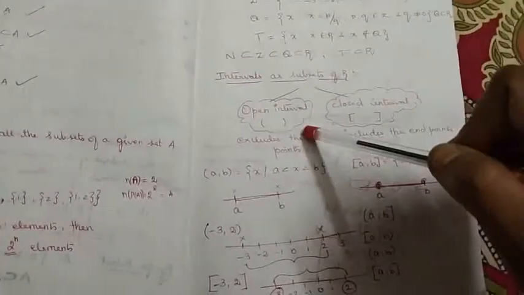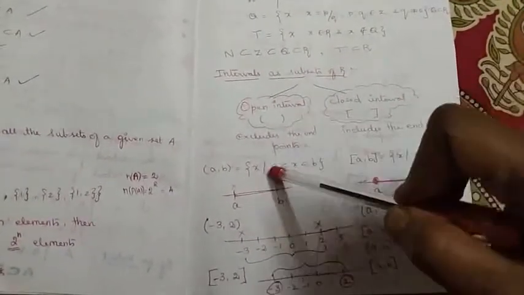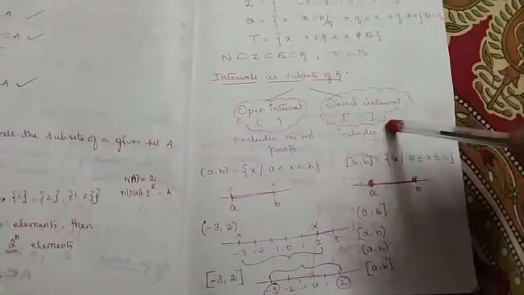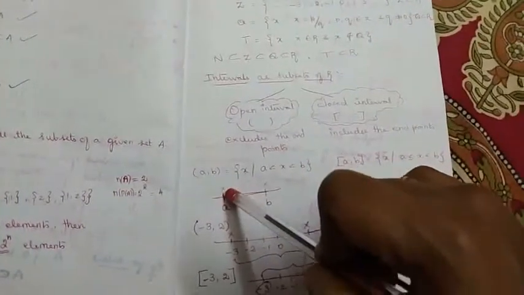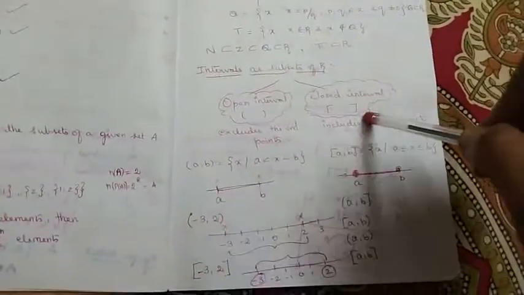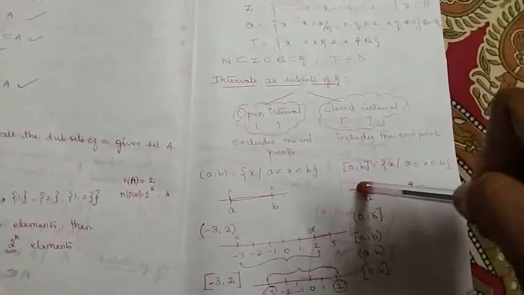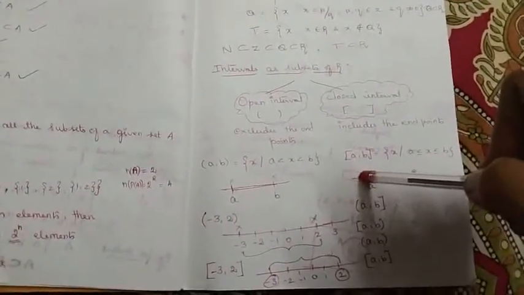Irrational numbers are denoted by T. Yes, then we have seen intervals as subsets of R. We have seen 2 intervals. One is the open interval, another one is the closed interval. Open interval means we won't include the endpoints, whereas closed interval means we will include the endpoints. We will denote the open interval with simple parentheses and the closed interval with square brackets.